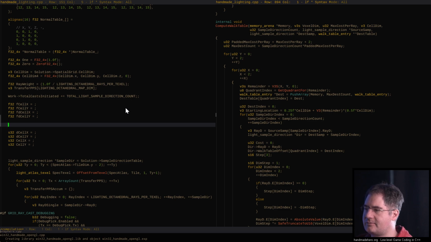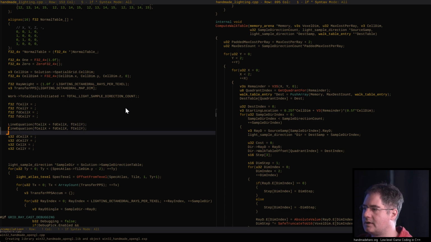So you have some line equation, right, that we would have to determine what it actually is for this ray. So it's going to be the ray, and you see how far you are from the ray or something like that, right? And you're going to have to compute f cell x plus fd cell x, f cell y, and then the opposite of that.